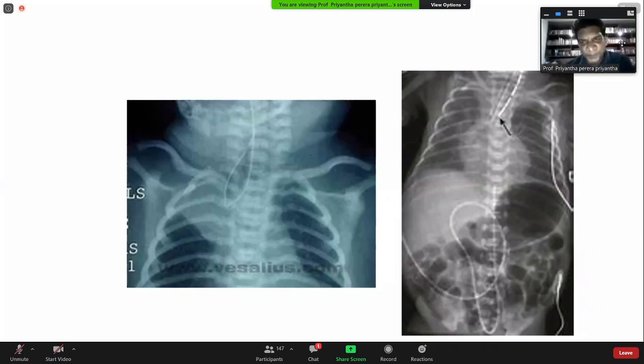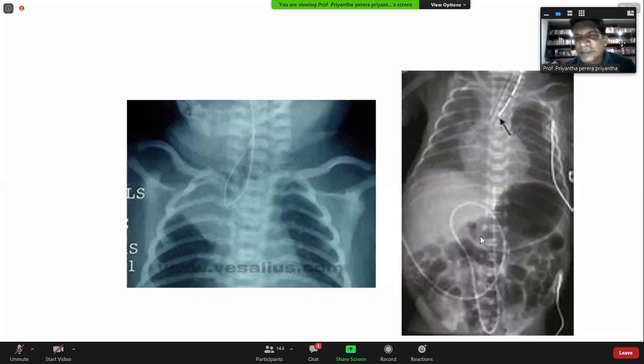Good, with fistula. Why do you say with fistula? Because we can see the NG tube coil has gone and come up again, there is a discontinuation. What is this? Bowel loops. You can see air in the bowel loops.